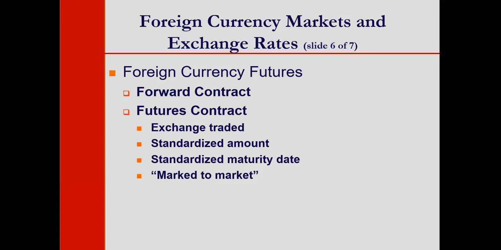Or if you want to get something from Germany, let's say you placed an order for BMW cars from Germany, you might have to pay in euros. Because of foreign exchange rate fluctuations, you might end up paying more dollars, although the euro price is stable, because you have to convert those dollars to euros.